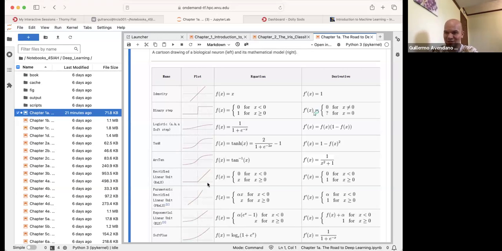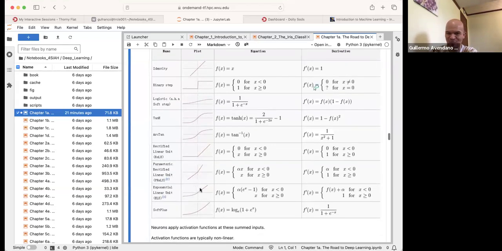And for certain classification purposes, it works much better than the logistic. Alternatives to the logistic include the tangent, the inverse, and this one that is like a continuous version of the ReLU, the softplus. All those, and here I'm putting the equation and the derivative of the equation. Some of them, you see, are not continuous.